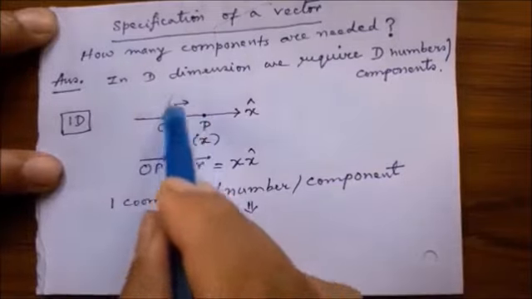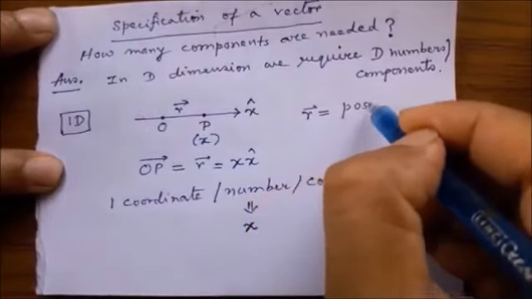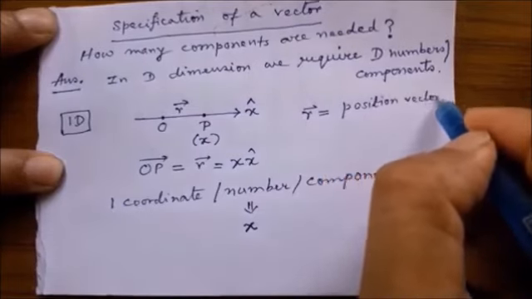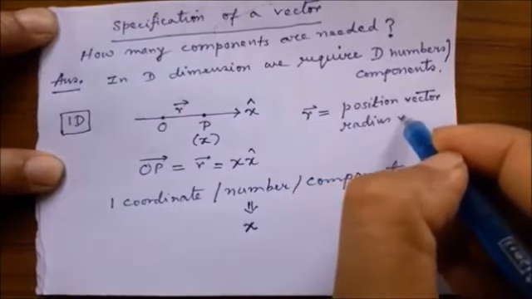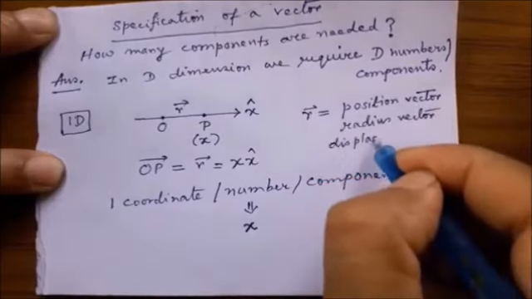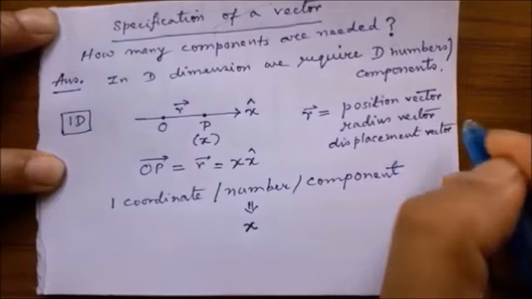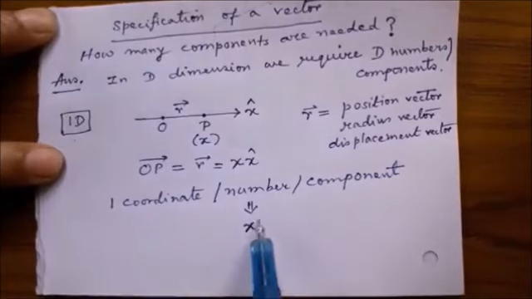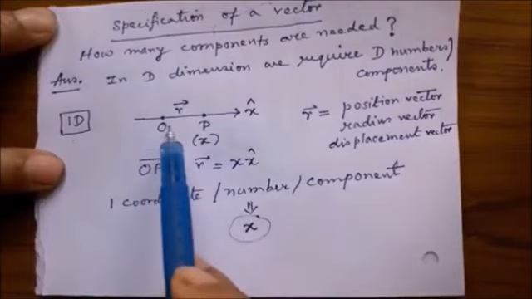Here vector R is the displacement vector or the position vector, or it is called the radius vector or the displacement vector. So in one dimension we need one component only to specify a vector completely.